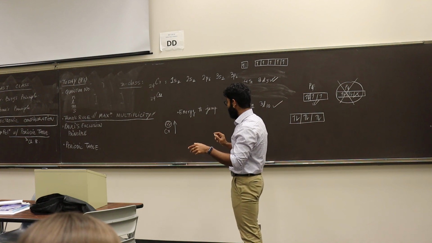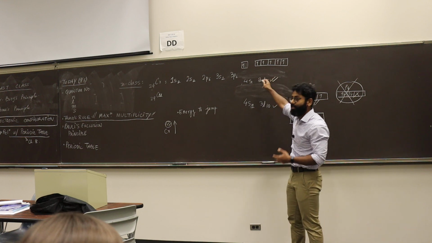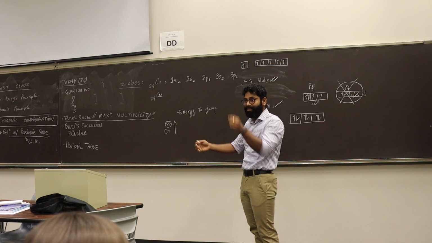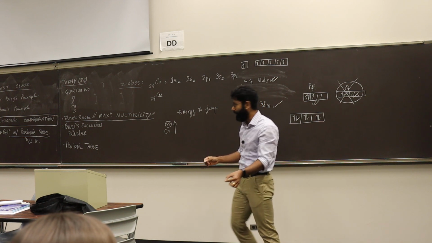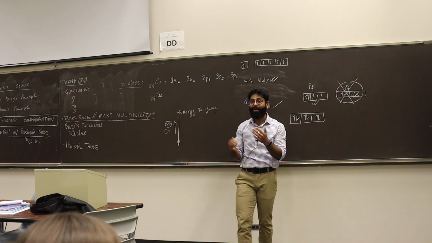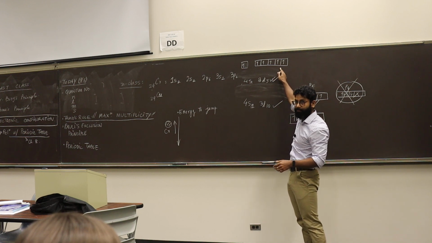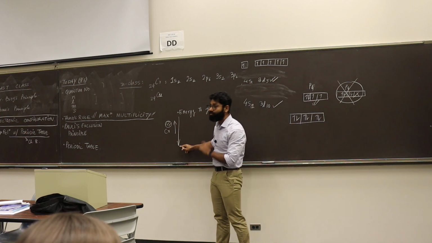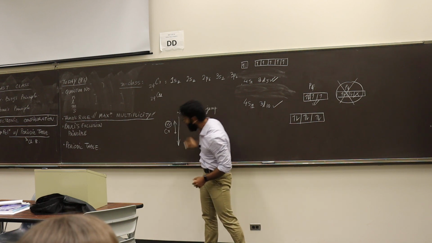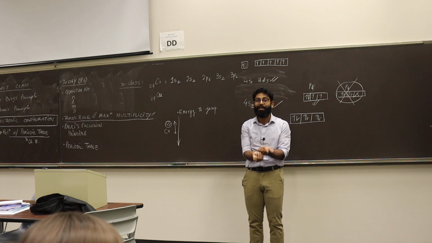But because you went from a partially filled to a half filled, that stability must have decreased your energy. The decrease in energy that happened because you reached a half filled was more than the increase in energy, and that is why there is a net negative. So there is a net stabilizing effect.